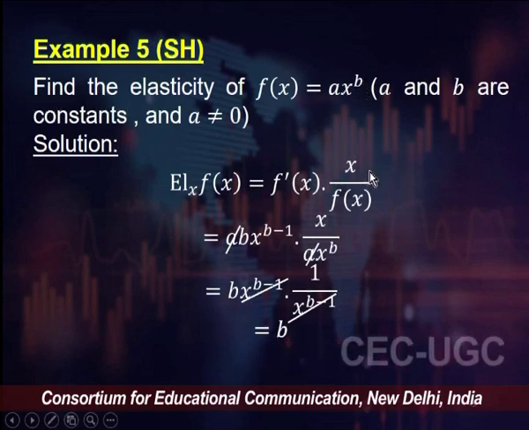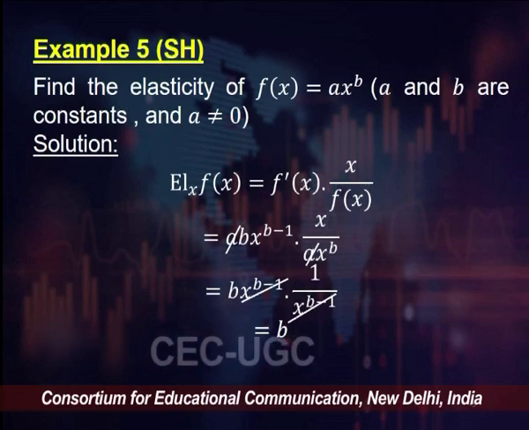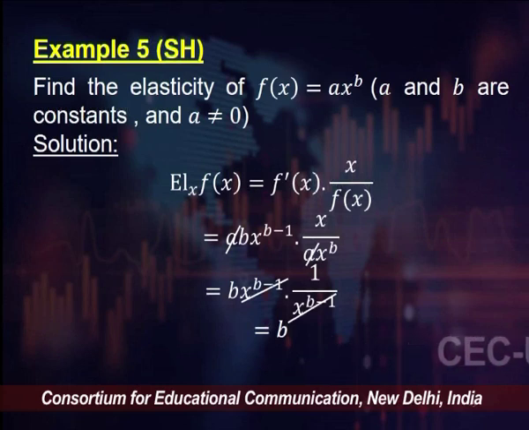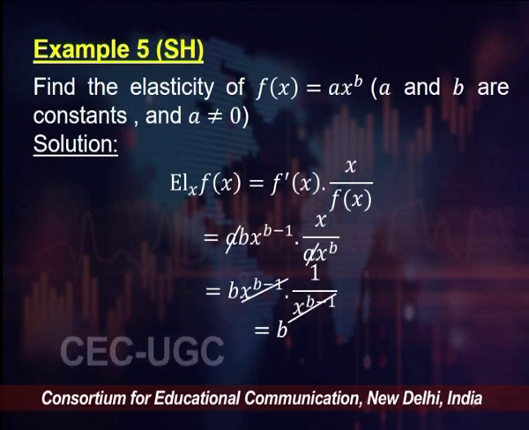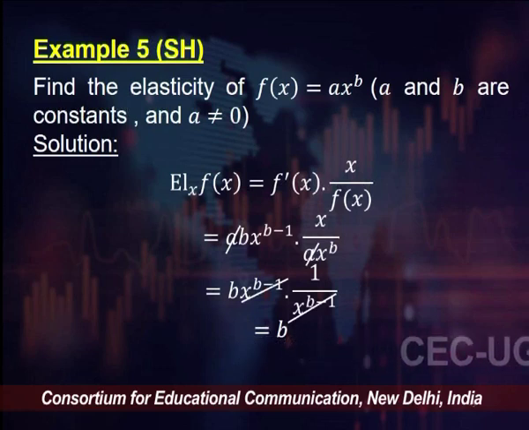In fact, if you go back to the calculation of the price elasticity of demand in the first video, there I had taken the demand function which was 10 times p to the power minus 0.75, and again if you just apply the result that I just gave you, the exponent is the elasticity.